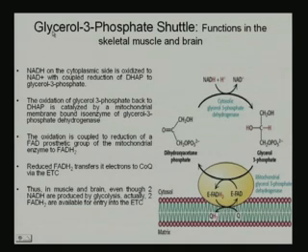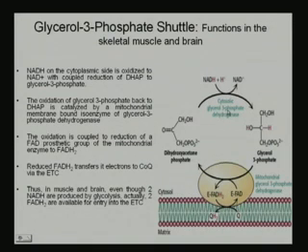The glycerol 3-phosphate shuttle functions mainly in skeletal muscle and brain. As we have already learnt, NADH on the cytoplasmic side is oxidized to NAD with coupled reduction of dihydroxyacetone phosphate to glycerol 3-phosphate. The oxidation of glycerol 3-phosphate back to dihydroxyacetone phosphate is catalyzed by a mitochondrial membrane-bound isozyme, the glycerol 3-phosphate dehydrogenase.